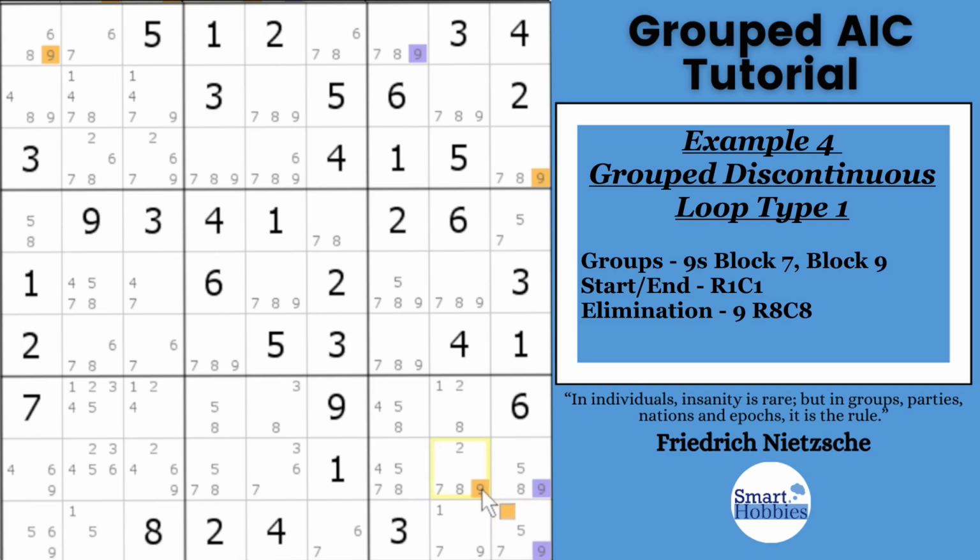And then this 9 has another weak link to this 9 because there's multiple 9s across the row here, right?